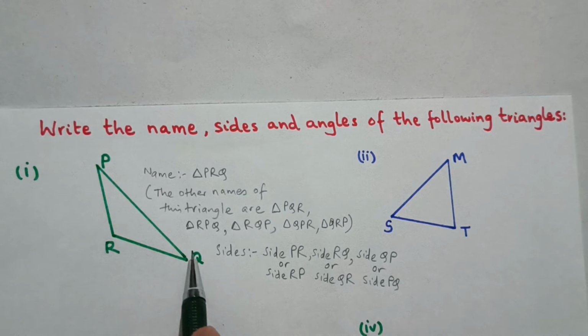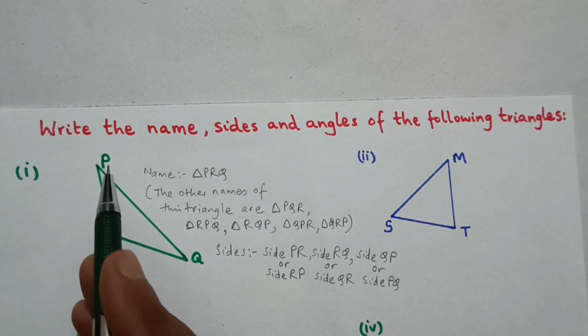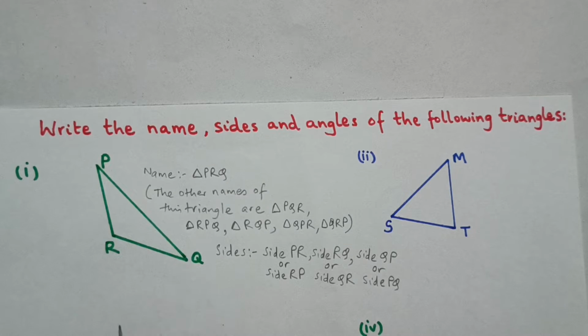So these are the three sides of this triangle. Side PR, which is this side, side RQ, which is this side, and side QP, which is this side.